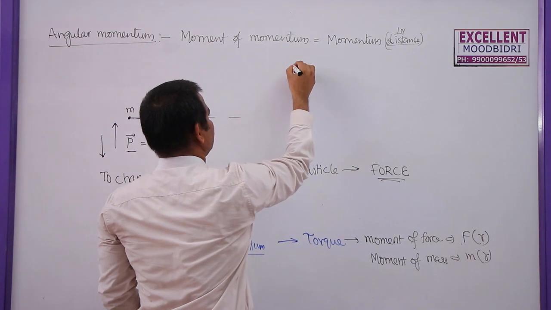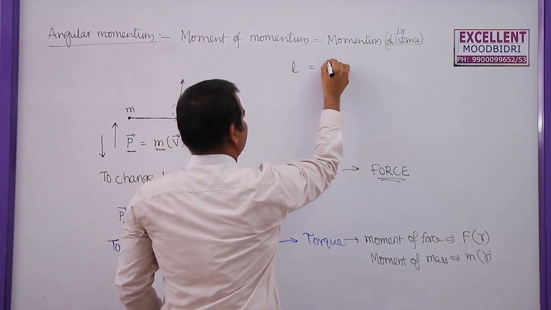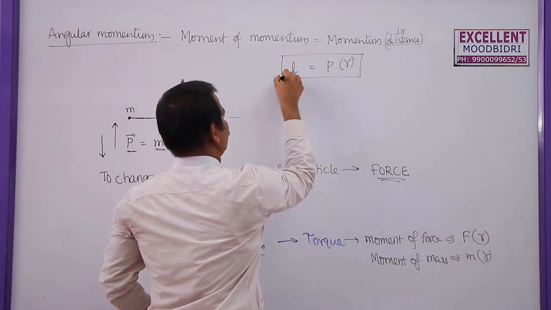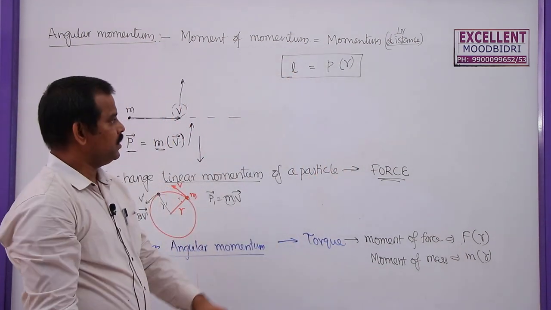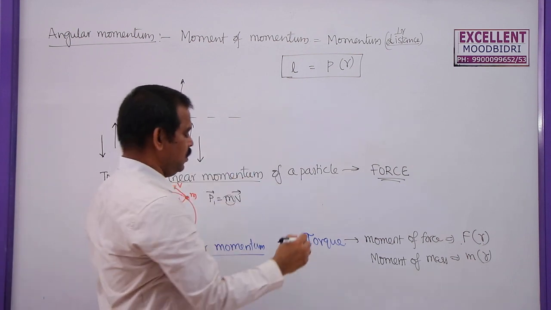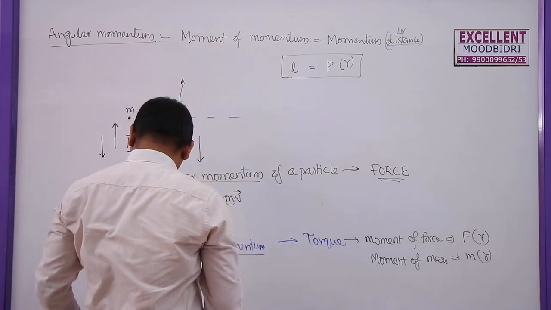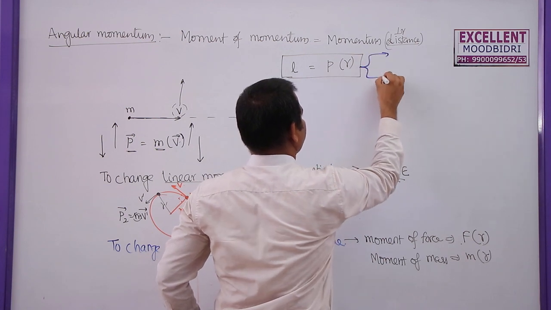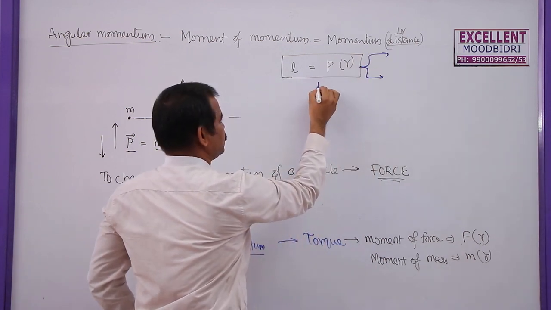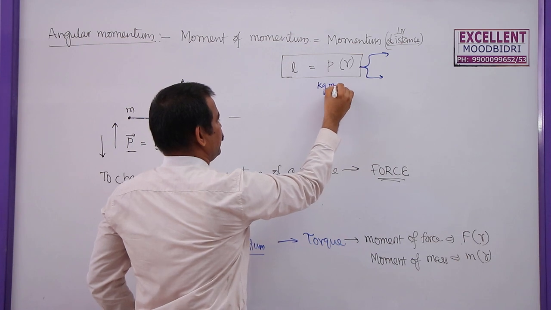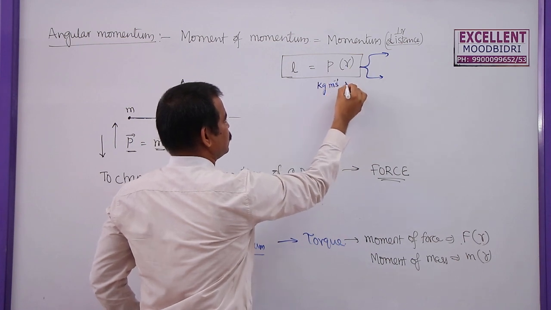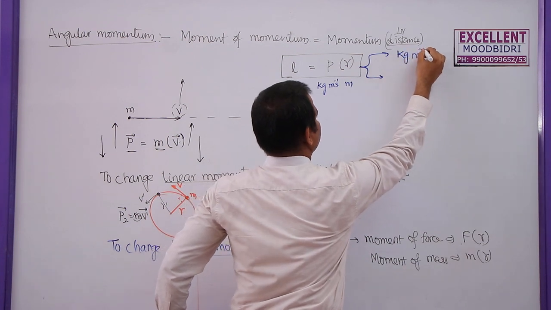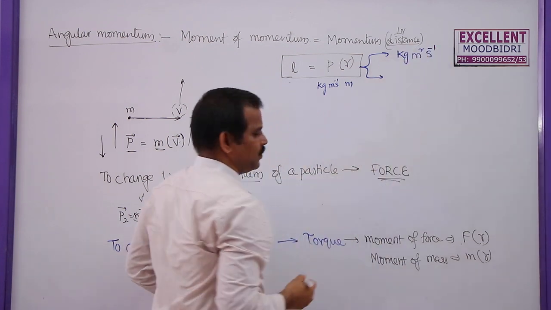This is denoted with the letter L, which is going to be momentum into radius. So L is equal to p r, or r p. What is the SI unit and dimensional formula for this? The SI unit is, we know that momentum is kg meter per second, and distance is measured in meter, so this becomes kg meter square second power minus 1.